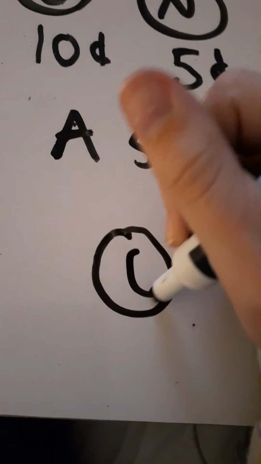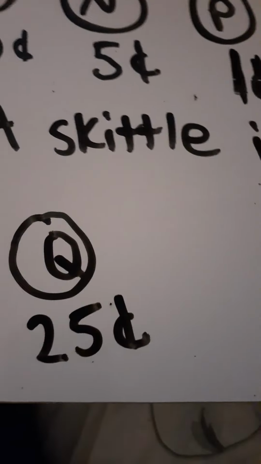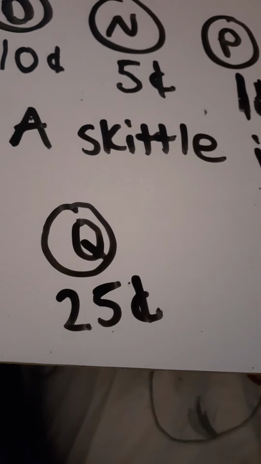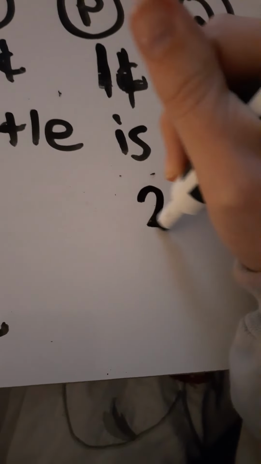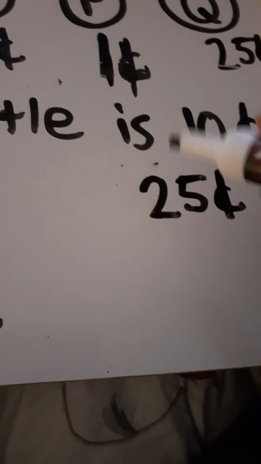Okay, let's say that a Skittle is 10 cents. And I gave a quarter, which is 25 cents. How much change would I get back? Well, you would do 25 cents because I gave him 25 cents and it's worth 10 cents.